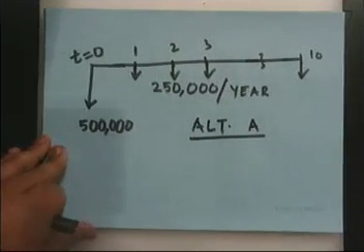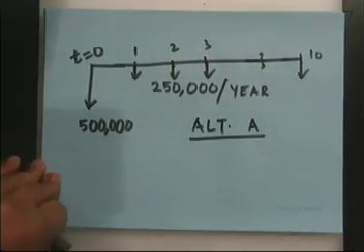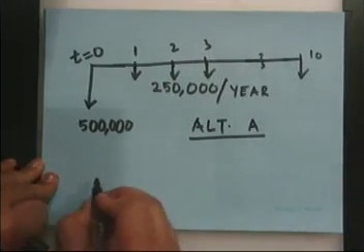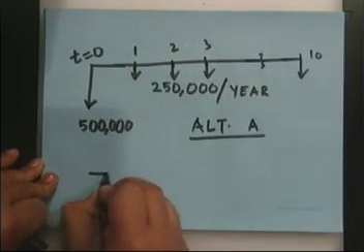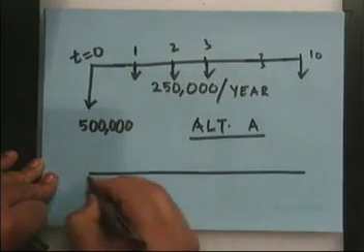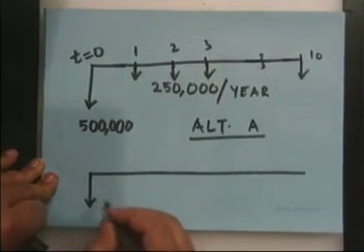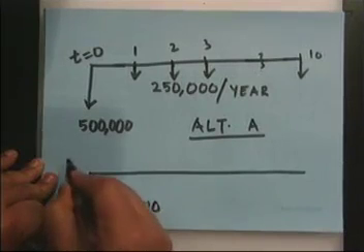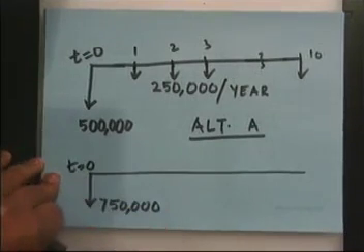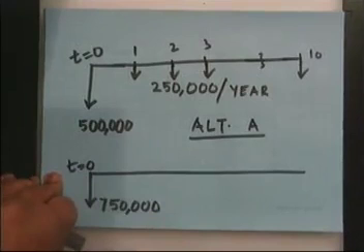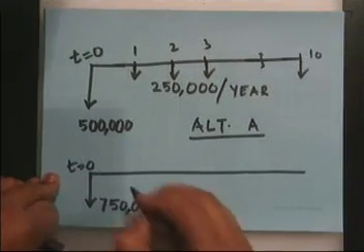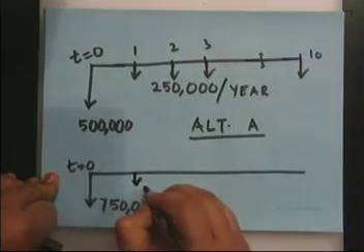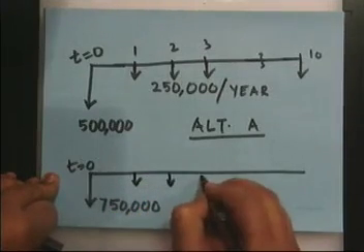What about the cash flow diagram of alternative B? How it would look like? It will be something like this. Rupees 750,000 at time t is equal to 0, and every year an expense of 200,000.